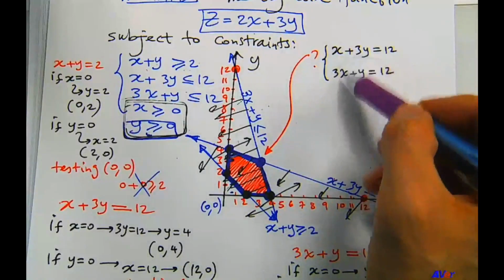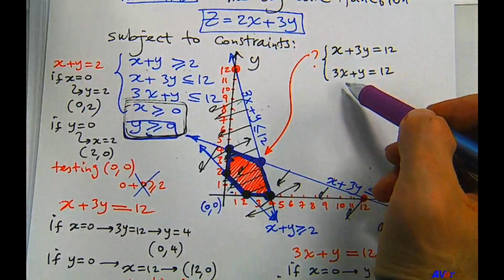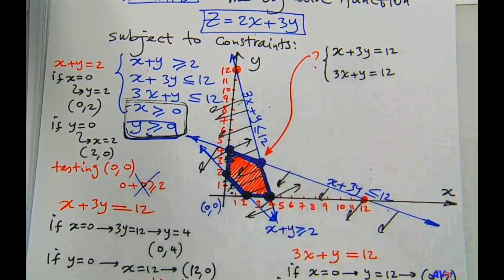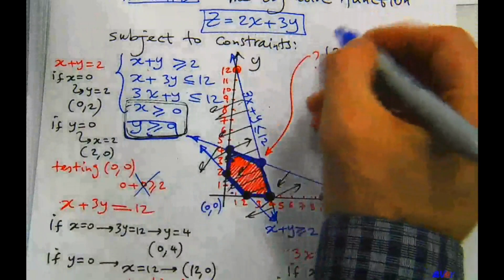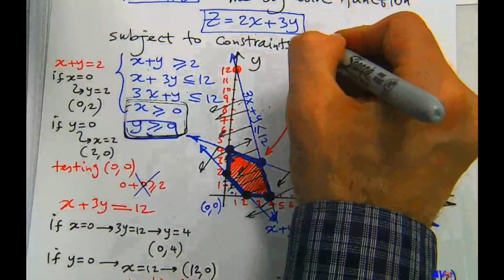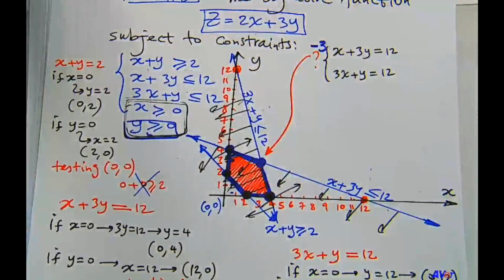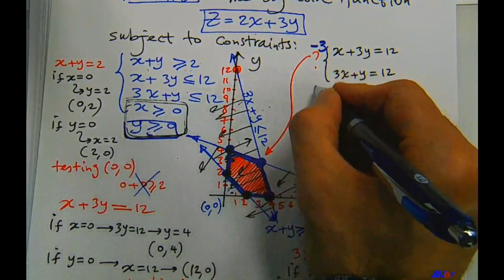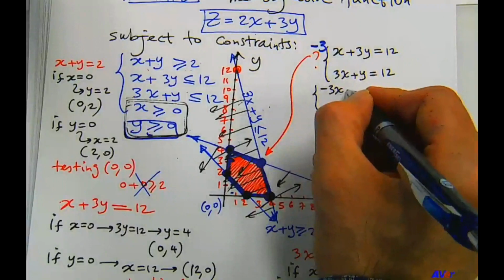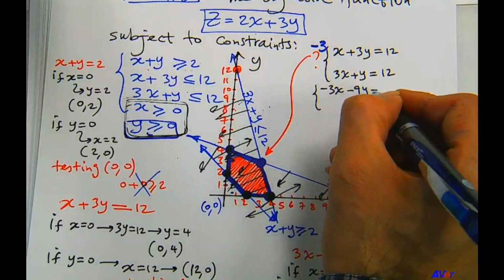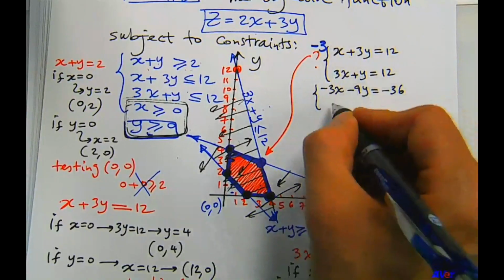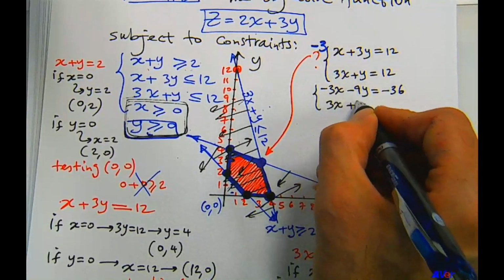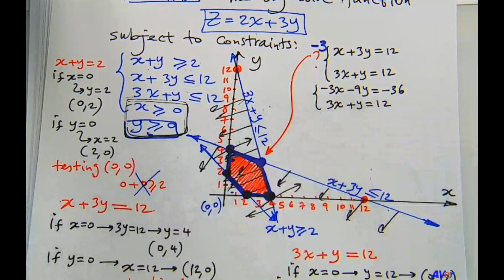Either variable is just as easy to eliminate. I'm going to multiply the top equation by -3 to get rid of the x terms. Then we'll get -3x - 9y = -36. Don't forget to distribute this to both sides. And then 3x + y = 12.